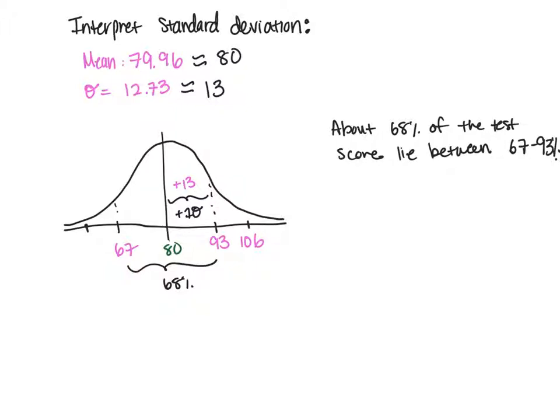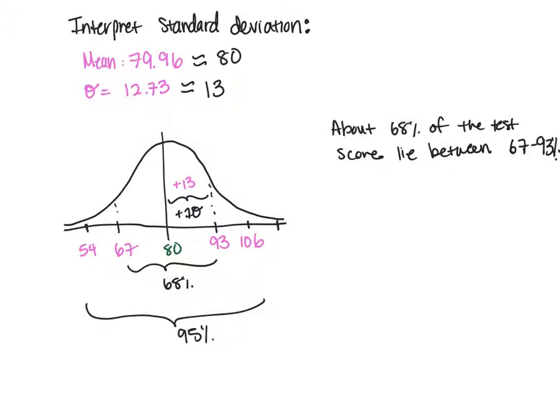So 67 minus 13 is 54. Okay, so that is going to be for 2 standard deviations. So 2 standard deviations is covering 95% of the data.